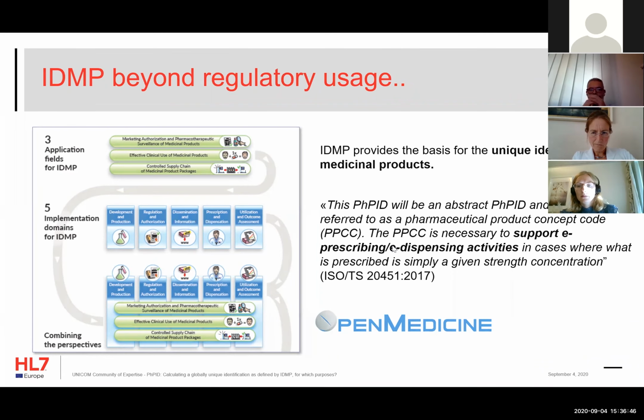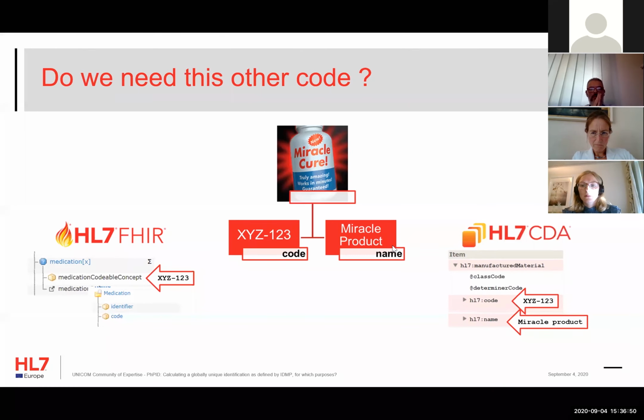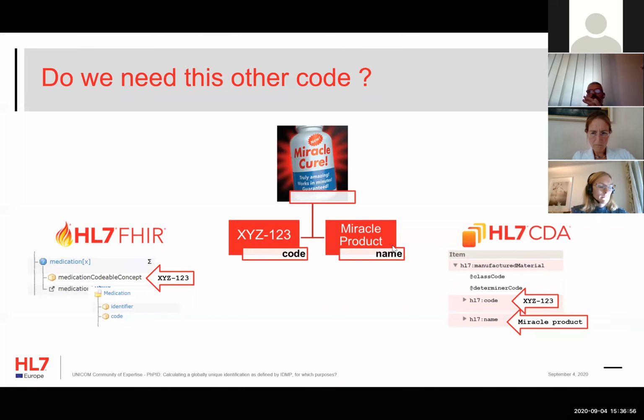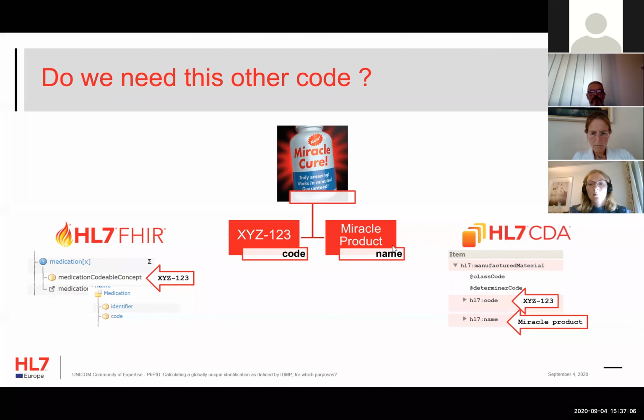Next slide. So, the problem of whether we really need this other code: I'm sure that you had the same experience with most users. It happens often that the problem of identifying a product is seen as not a problem.